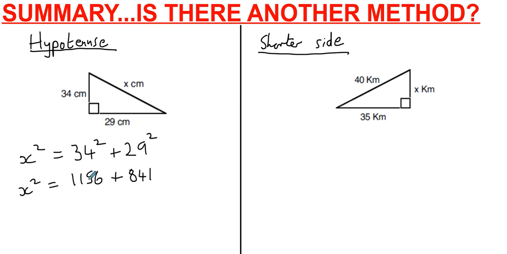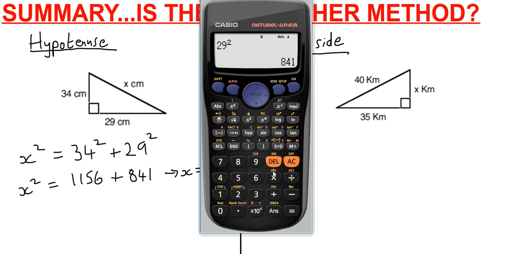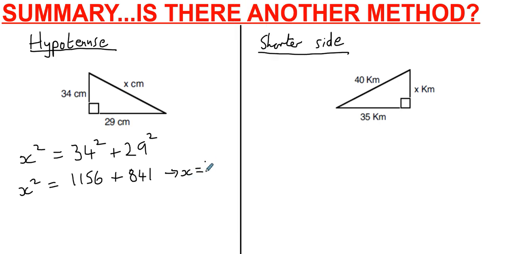So we add these two together and then square root. So 1156 plus 841 is 1997. Square root 1997. Get about 44.7 to one decimal place.